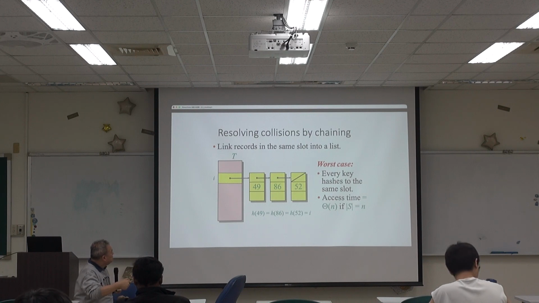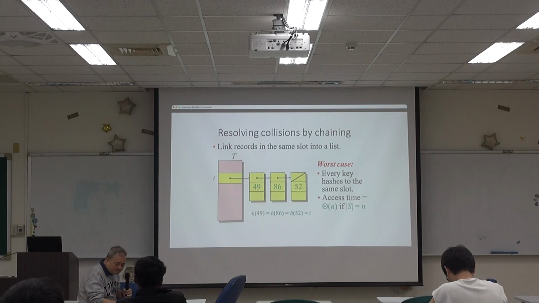one easy solution is you can just use what we call chaining. Basically in the table, each record, you actually store in a linked list. So if there's a collision, you just put it into this linked list.